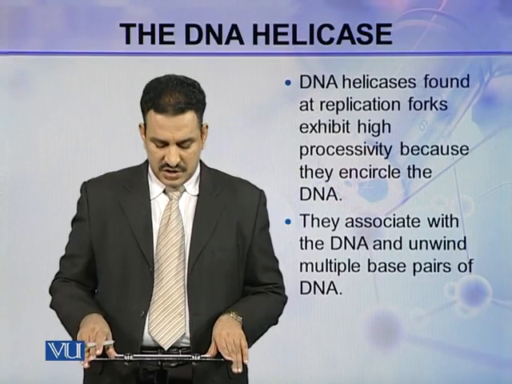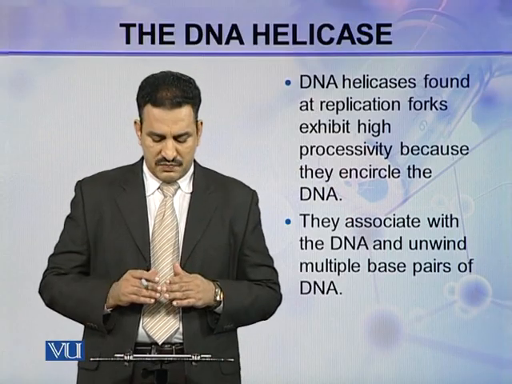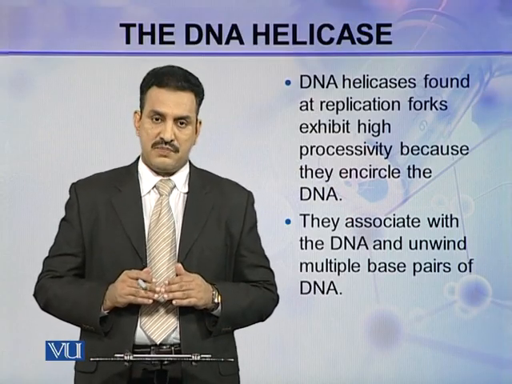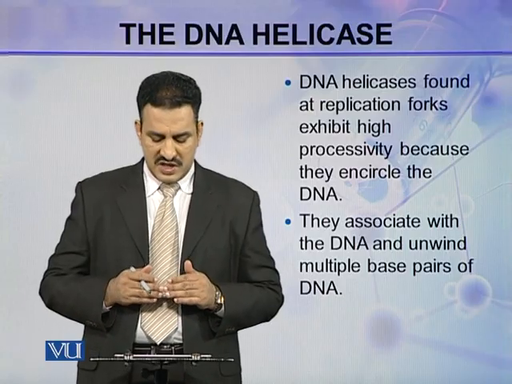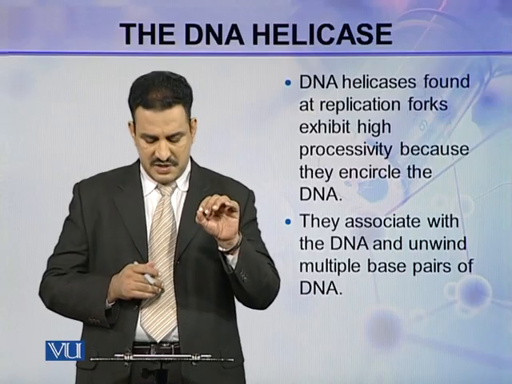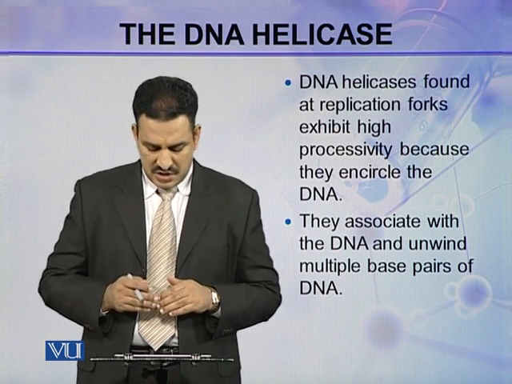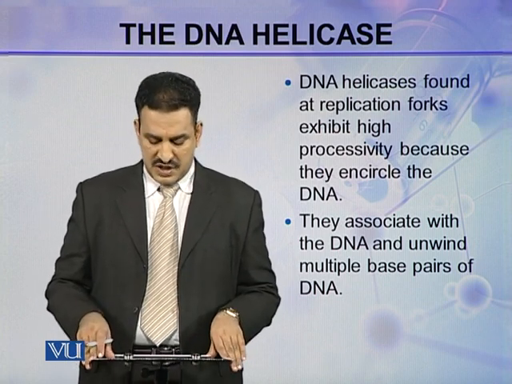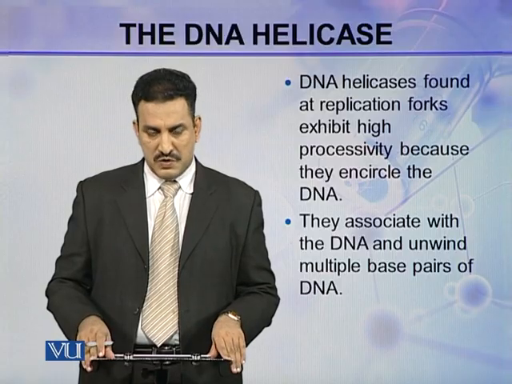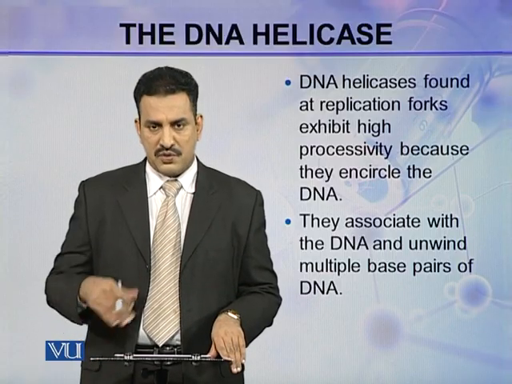DNA helicases found at the replication forks exhibit high processivity because they encircle the DNA. They associate with the DNA and unwind multiple base pairs of the DNA, which means they have a high processivity.